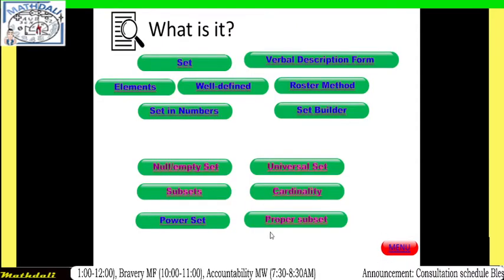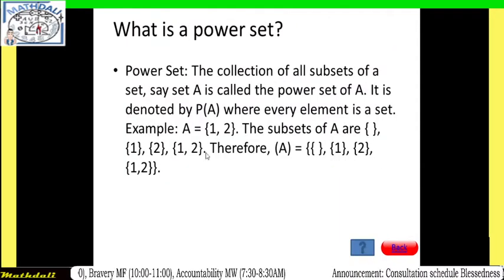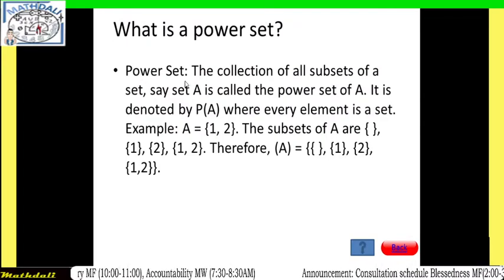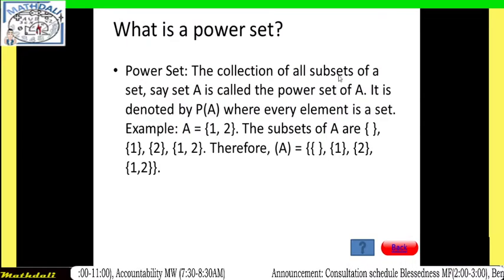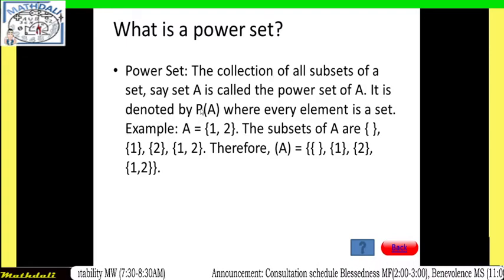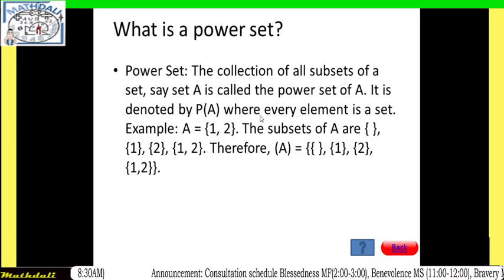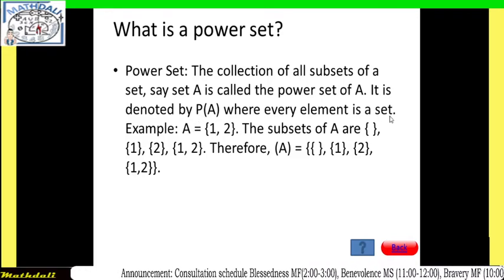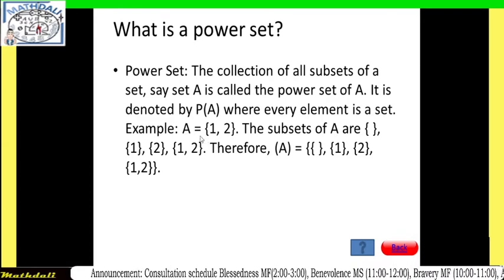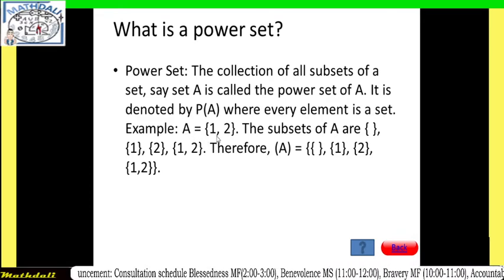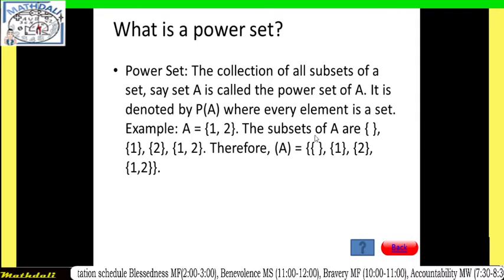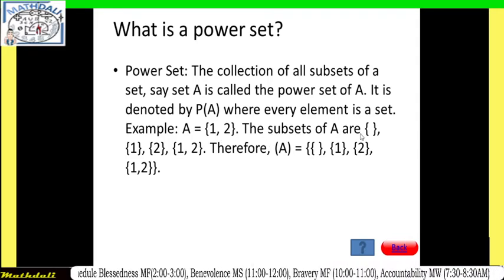Okay, next, let us have the last one. We have the power set. Power set is a collection of all subsets of a given set. So, ito yung symbol natin ng power set. Power set of set A where every element is actually a set. Okay, so given this set A containing element 1 and 2, ito yung ating magiging subset.